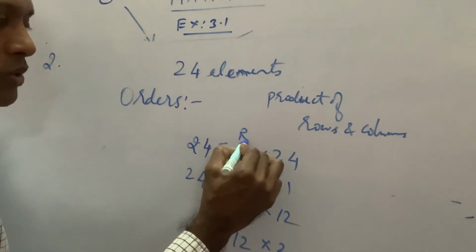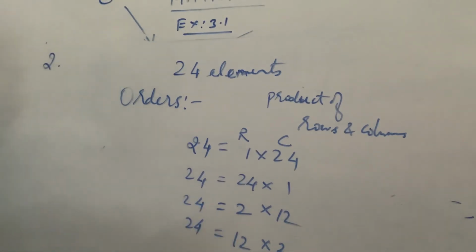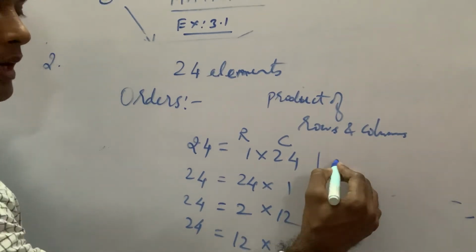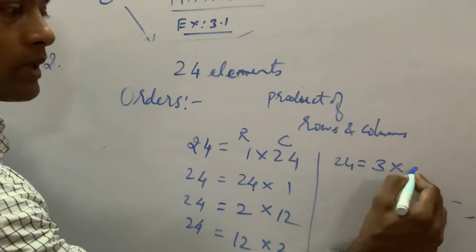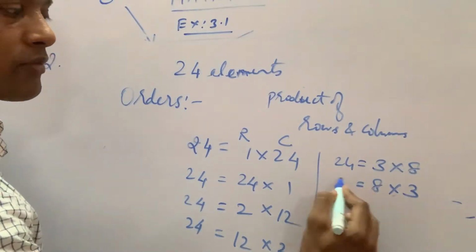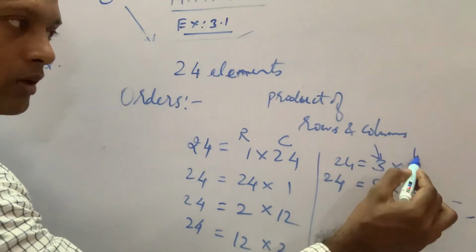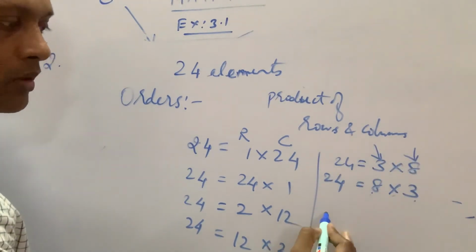So if this is row, this is column, right? So this is also 24. And then, 24 is equal to 3 into 8. 3 into 8 is 24. 8 into 3 is also 24. So it can be 3 rows and 8 columns, or 8 rows and 3 columns.